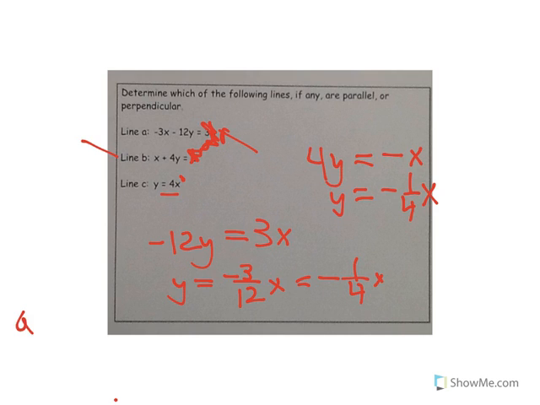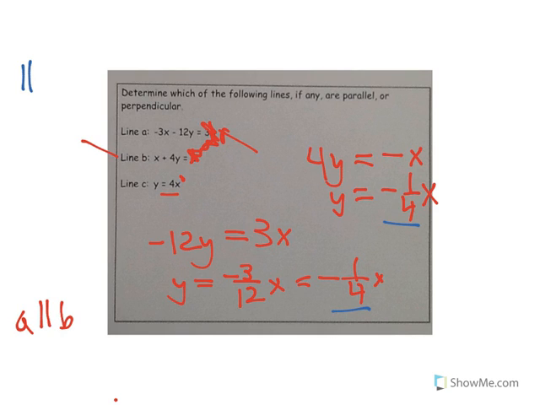So line A is going to be parallel to line B, because if you look here, I've got the slopes. That is line B's slope, and this is line A's slope. So they're parallel. Remember, this symbol here means parallel.